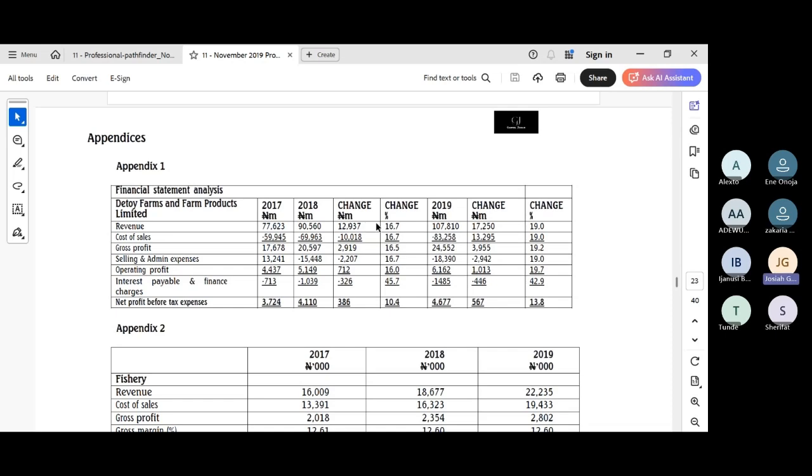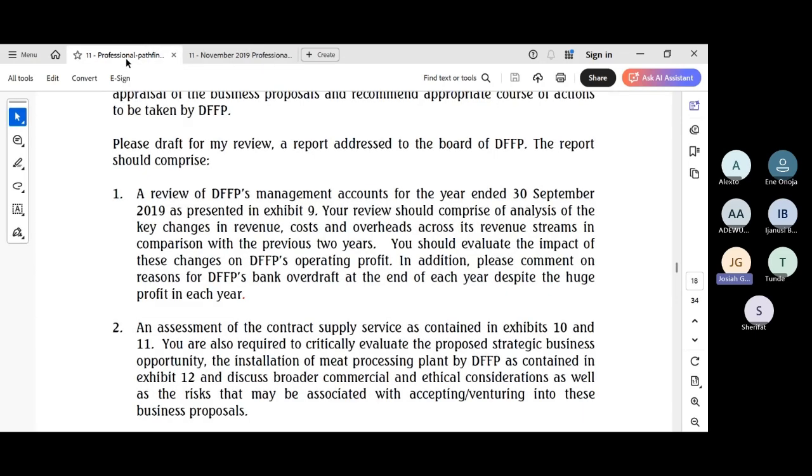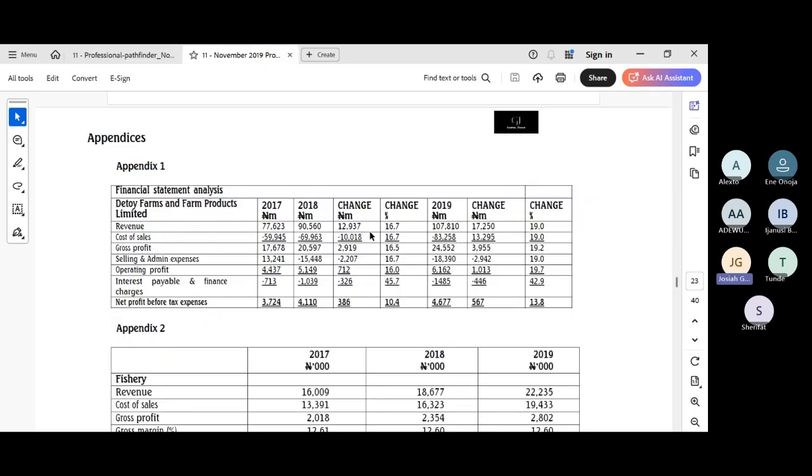And in 2019, they also grew by 19% with a change of 17 million. So this change is part of the review we've been requested to speak to. So when you hear review, comparisons, analysis, key changes, just know you're supposed to do a year-on-year change analysis.